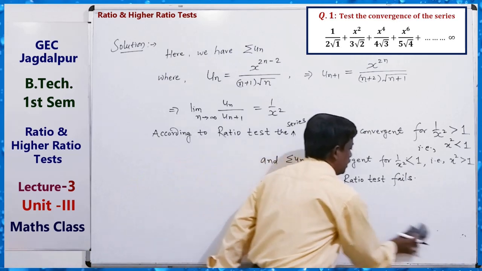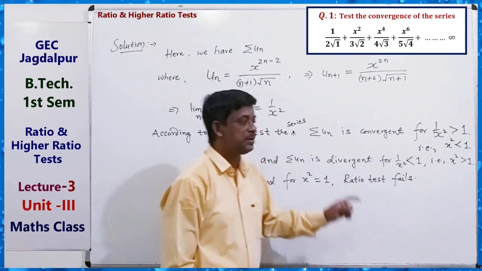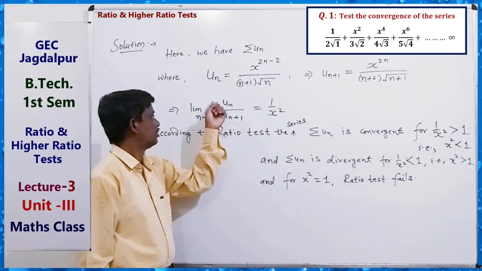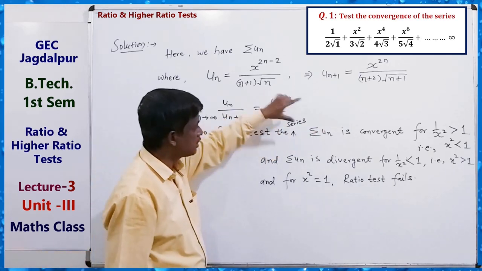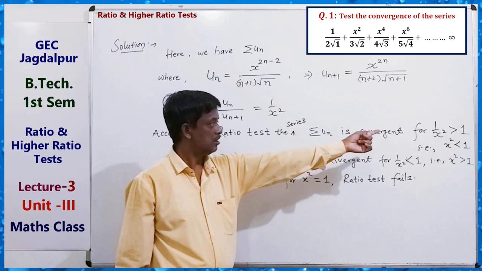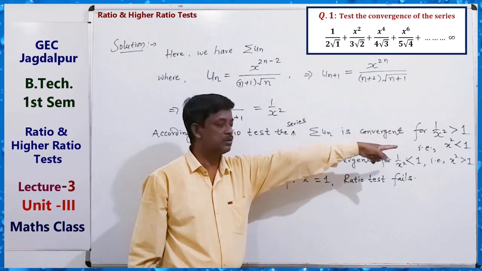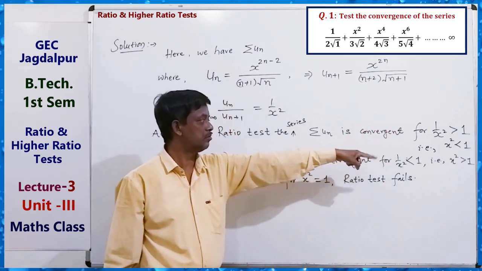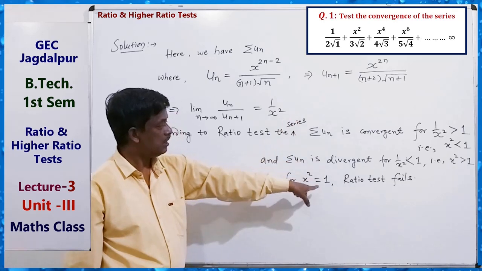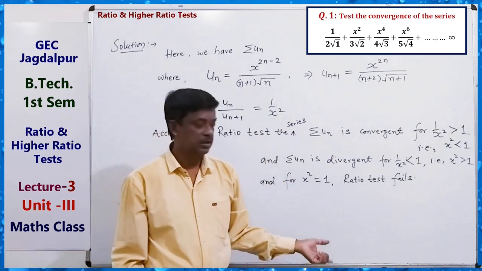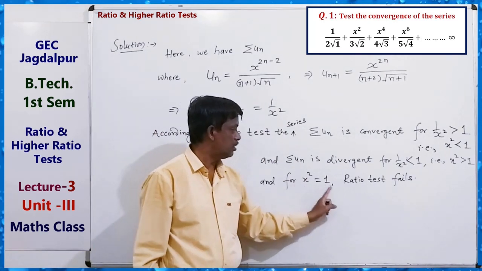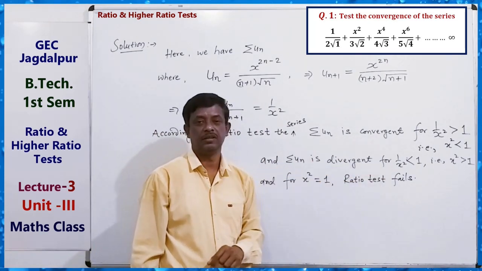Because according to ratio test, its limit, we are comparing with this limit. If limit is greater than 1, that is, this is greater than 1, convergent. 1 by x square greater than 1 means x square is less than 1, convergent. x square greater than 1, divergent. And if x square equals 1, that is, this is equal to 1, limit will be 1. Limit will be 1. For x square equal to 1, ratio test fails.